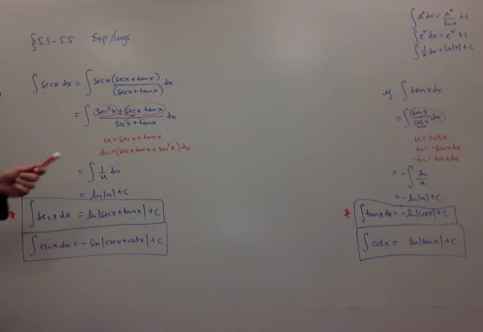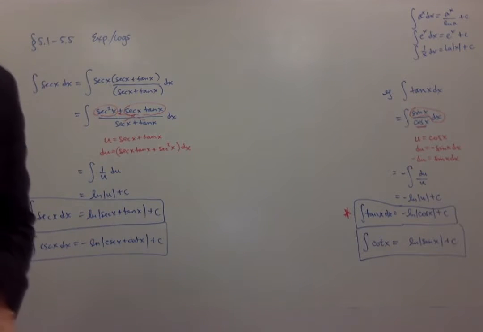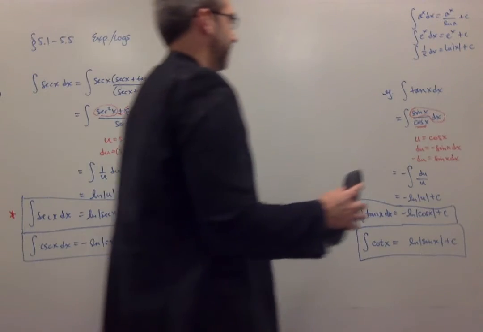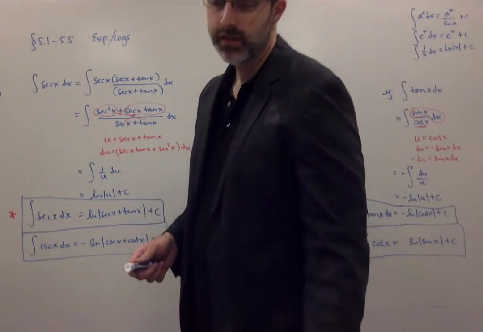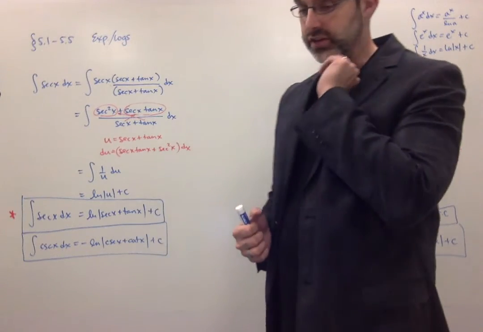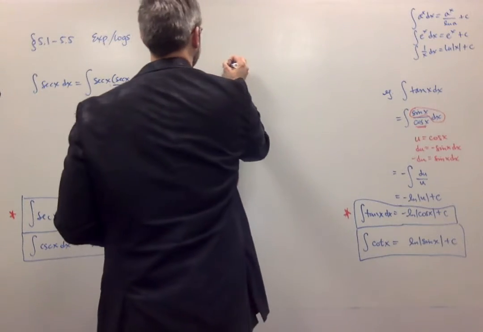If you memorize these 2, tangent and secant, you can figure out the other 2 pretty easily. Okay? All right. So please, please, please memorize those. So we now have the antiderivatives of all the trig functions, which is nice.